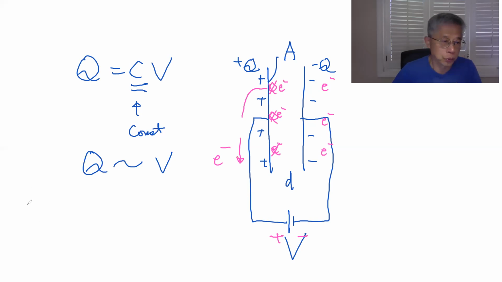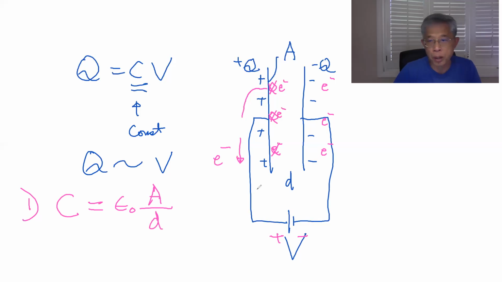Okay, so to summarize, one, what we find is C is related to epsilon 0 times the A. So the larger the A, the larger the C. And the smaller the D, the larger the C. So C is proportional to A, and C is proportional to 1 over D. But epsilon 0 later can be epsilon, and we'll talk about that later.